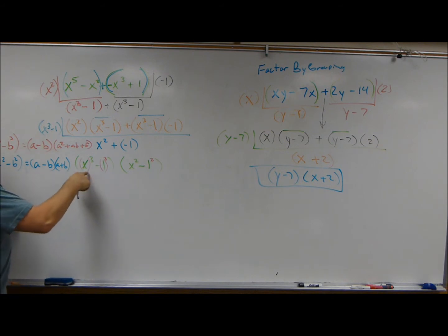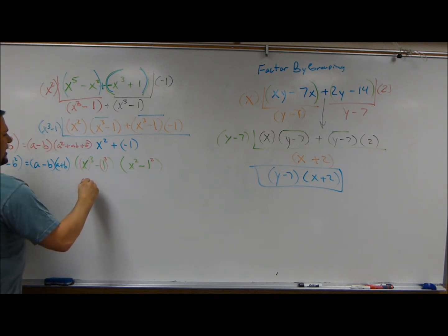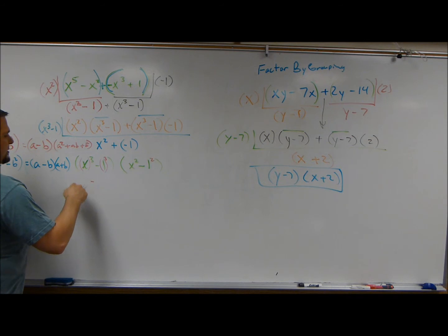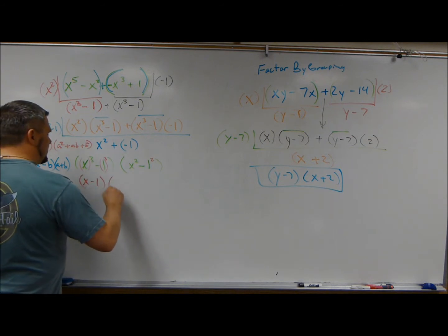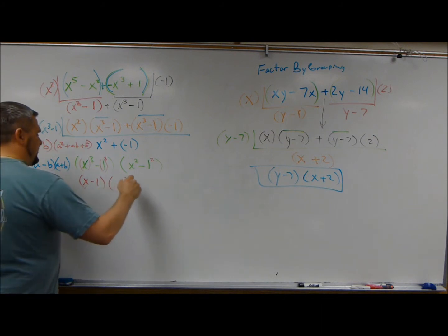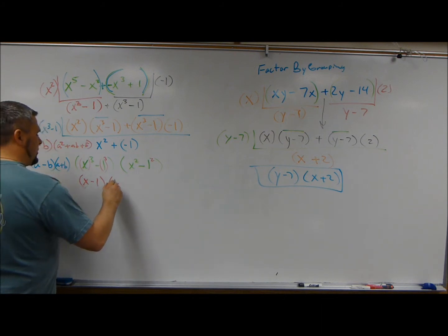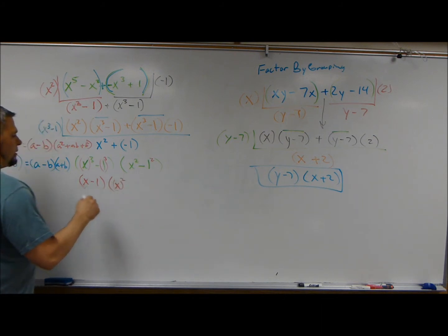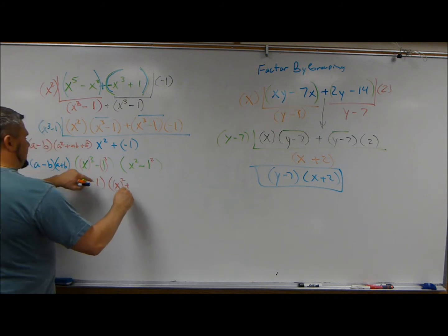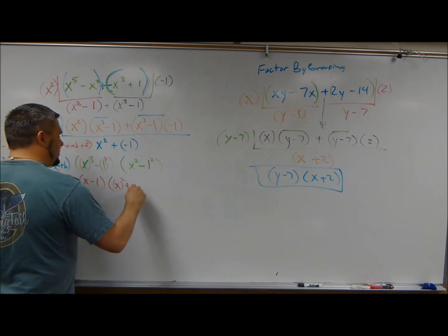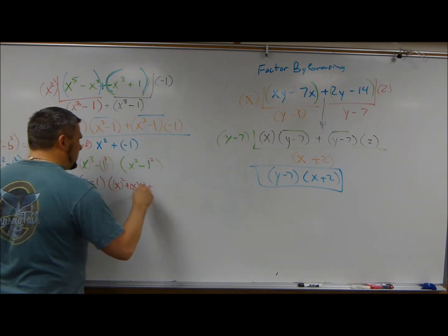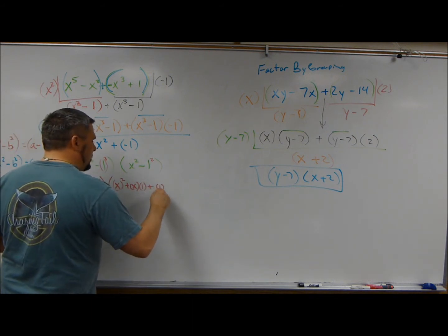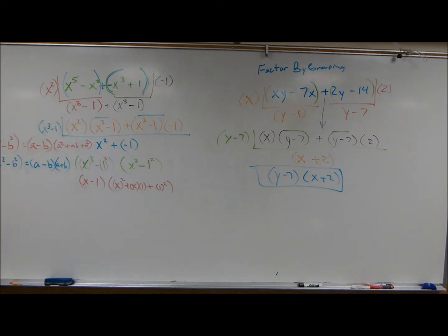So now I come down and say, okay, this is a minus b, or x minus 1, times the quantity of x squared plus x times 1 plus 1 squared. Whatever it is in there, it's just squaring it.